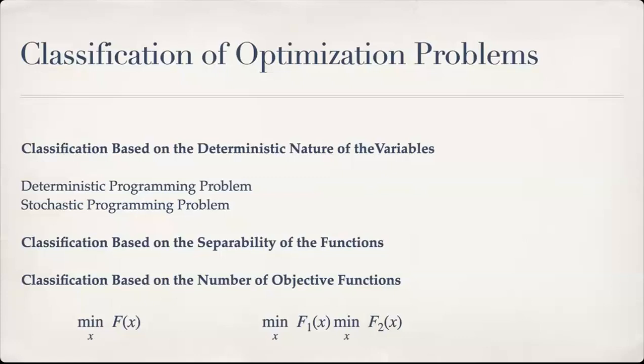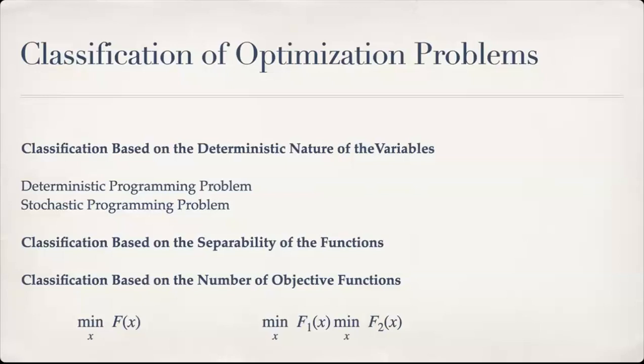Okay, the next thing is classification based on the separability of the function or classification based on the number of objective functions. This one is interesting. On the left hand side, we call it single objective because we have only one objective function. You need a solution which yields the minimum value of f(x). On the right hand side, we want to minimize f1 and at the same time minimize f2.